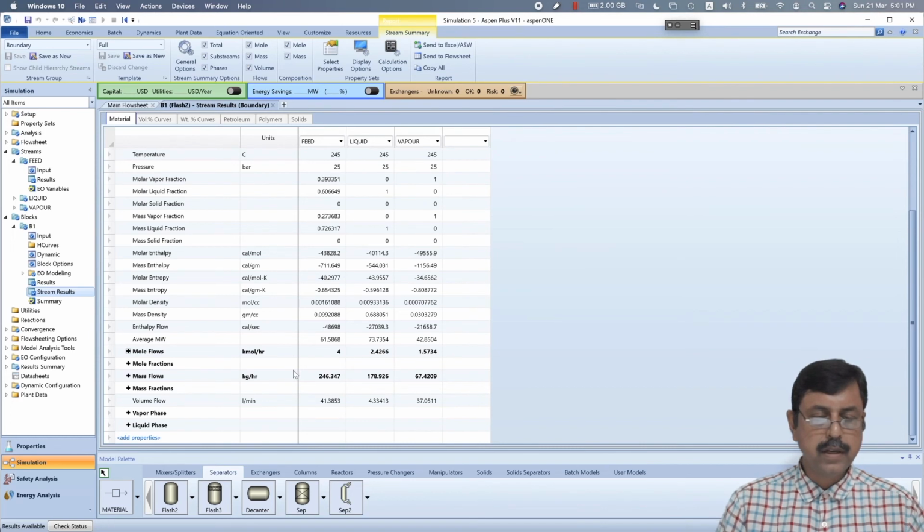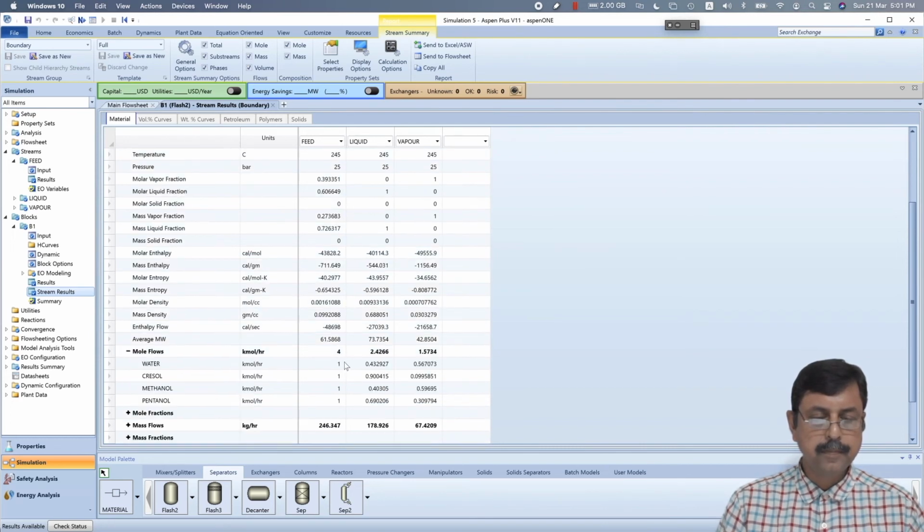So molar flow, it is 4 kilomole per hour. But what is the vapor fraction? It is 1.5734.